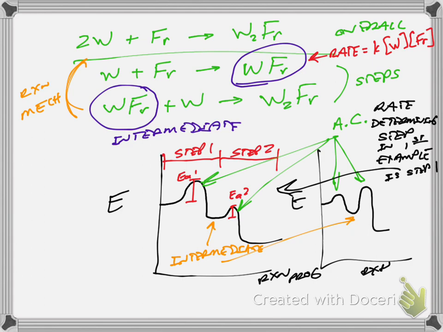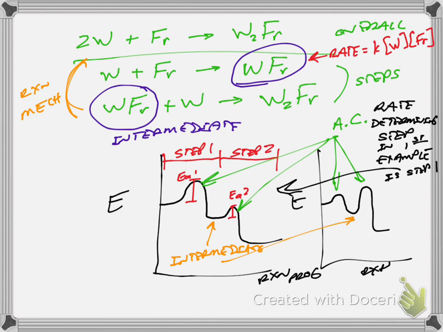The overall rate law will be the same rate law as the rate determining step rate law if and only if the first step is the slow step. I'll say it again. The overall rate law for the reaction will be the same as the rate determining step's rate law if and only if that first step is the slow step, the rate determining step.